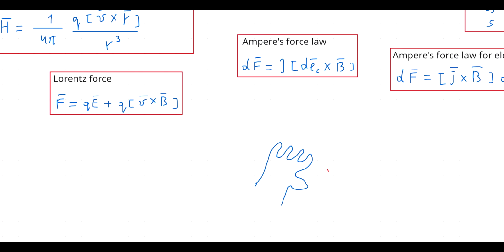So vector B is directed to the palm, and the direction of positive charge velocity or the direction of electric current density must be along the fingers.